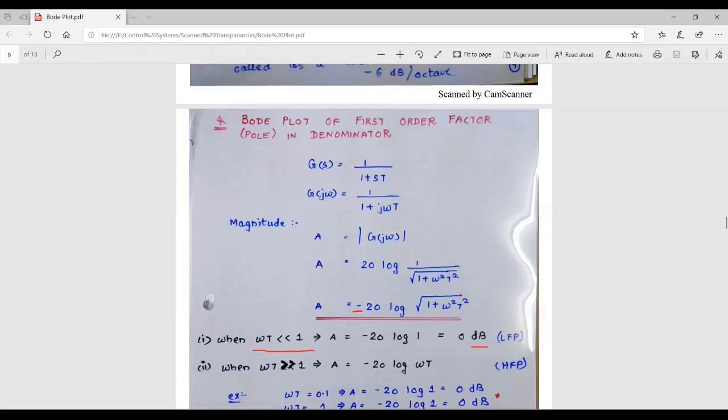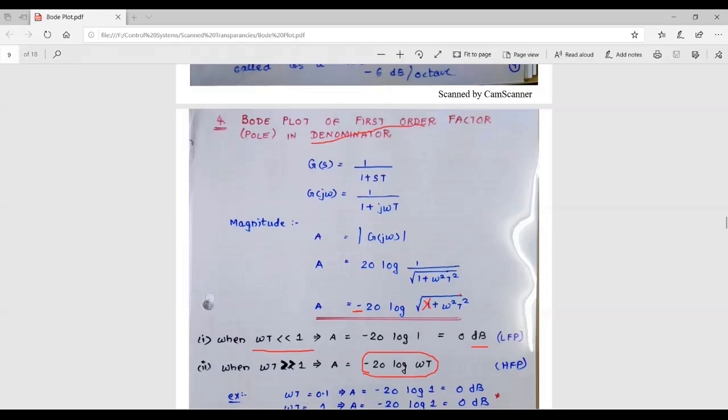So if omega t is greater than 1, omega square t square will certainly be too large compared to 1. So in that case, you can neglect 1 and you will get under root of omega square t square, which is nothing but omega t. So minus 20 log of omega t.